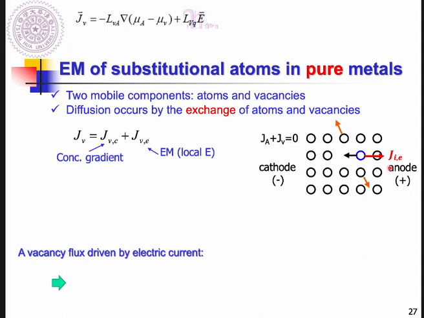Let's look carefully here. In pure metals, people usually use minus the gradient of μV, the chemical potential of vacancy, as the driving force.